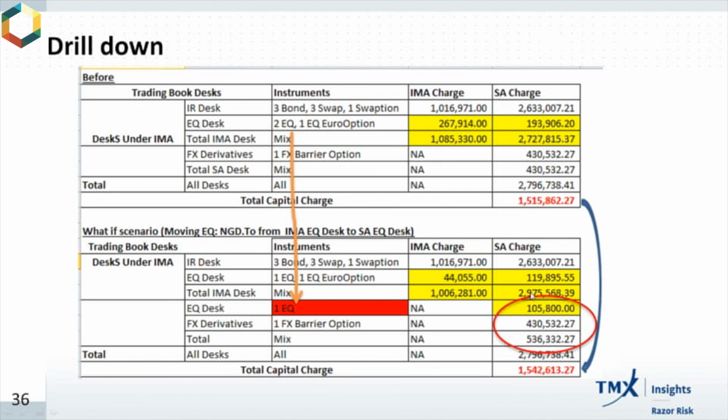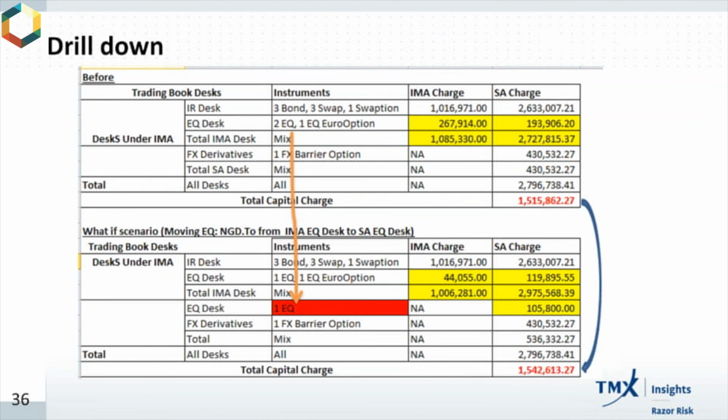Therefore, the total charge is not reduced, although the individual desk may report a much smaller number. So in this case, moving a trade from a high charge desk to a low charge desk does not reduce capital due to the diversification effect.